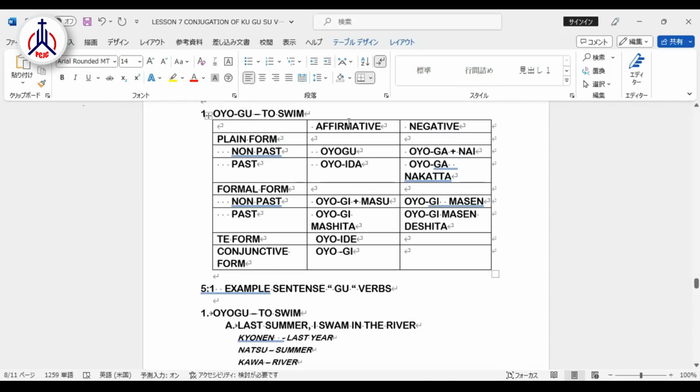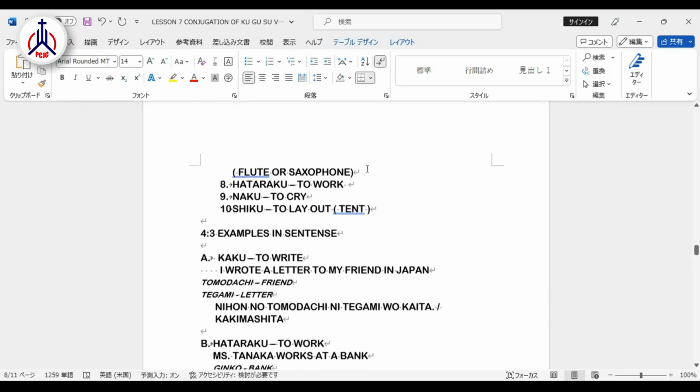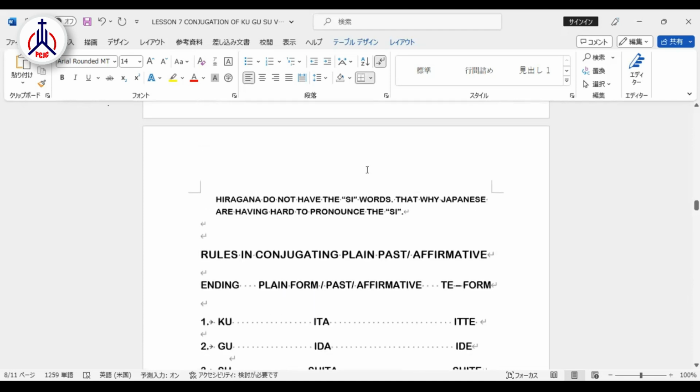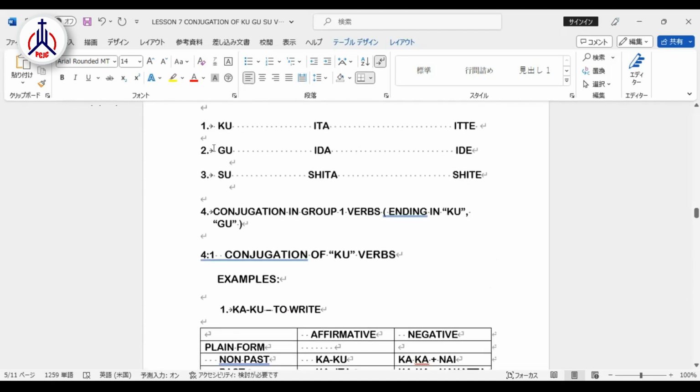Now, in the affirmative past, it changed. Right? It is not ta anymore. It becomes ida. So, oyoida. It is in your table. This one. The gu past tense becomes ida.